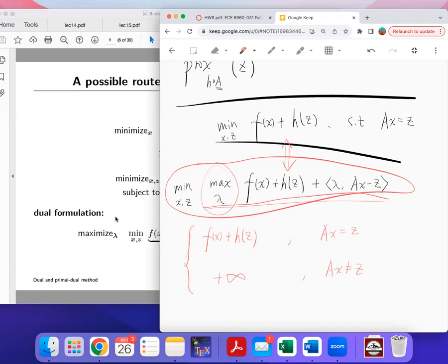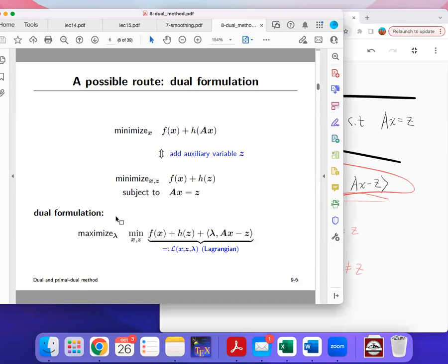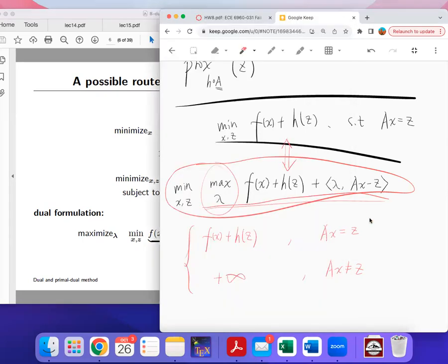But in the dual form, we switch the order of this min and max. We do min first, and max follows. And there's a question like, can we switch these two for free? Are they still equivalent?